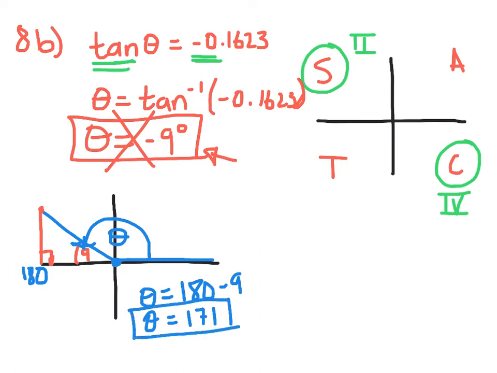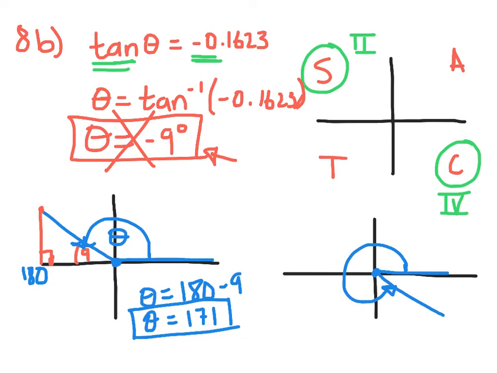My second answer has to end up in quadrant number 4. So I'm going to draw that exact same triangle, except I'm going to end up in quadrant 4. So here's my terminal arm. I open up all the way to quadrant number 4 like this. Okay, so I end up with a triangle. If I draw a line straight to the x-axis, there's my triangle where this is 9 degrees. And of course, I realize that this starts at 0 and ends at 360.